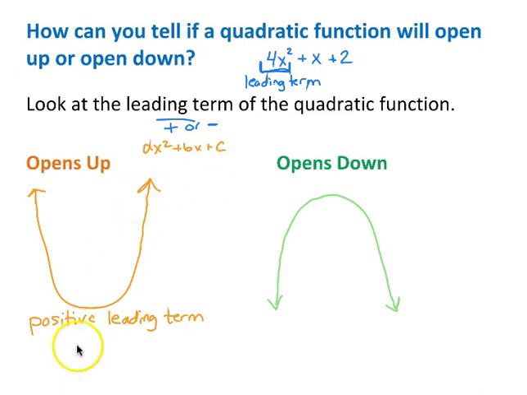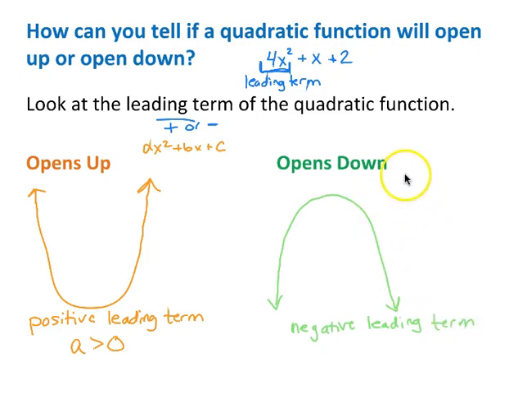So if our leading coefficient is greater than 0, or if we've got a positive leading term, it's going to open up. Whereas the opposite is true. If we have a negative leading term, then guess what? It's going to open down.